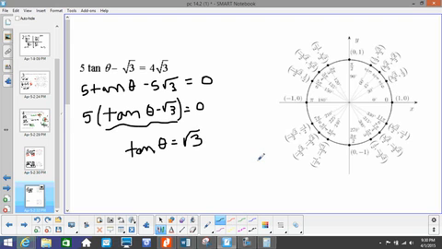Remember, tangent is y over x, so it will happen at pi over 3 and at 4 pi over 3. Again, it might be helpful if you were to take your unit circle and put your tangent values right by your parentheses.